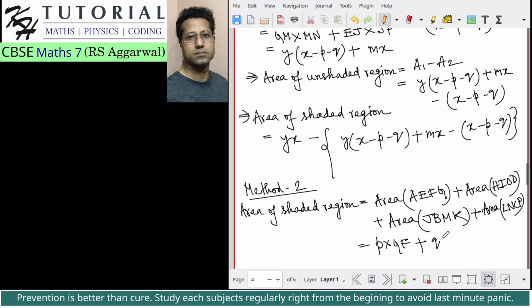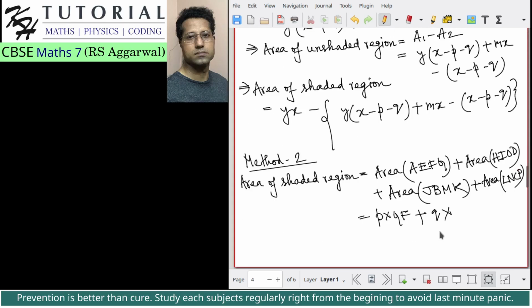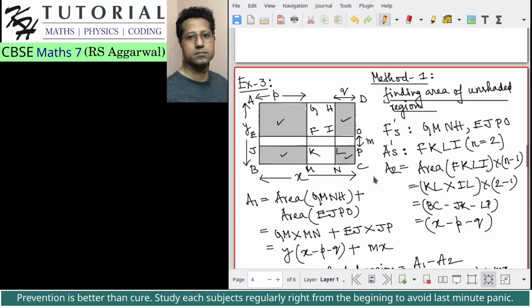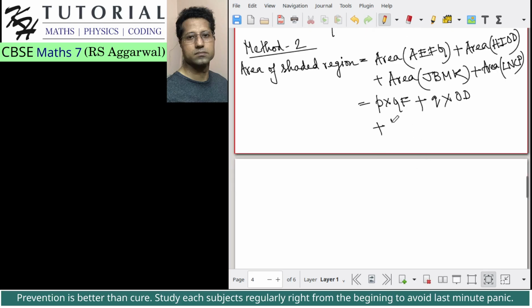So Q multiplied by OD, even though I know that OD is equal to GF. And then we have plus the area of JBMK. The length is P, but I do not know MK, so I write P into MK.